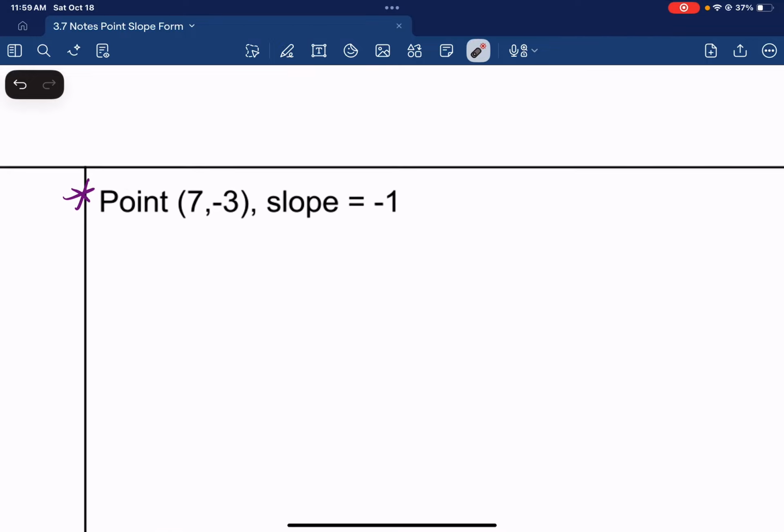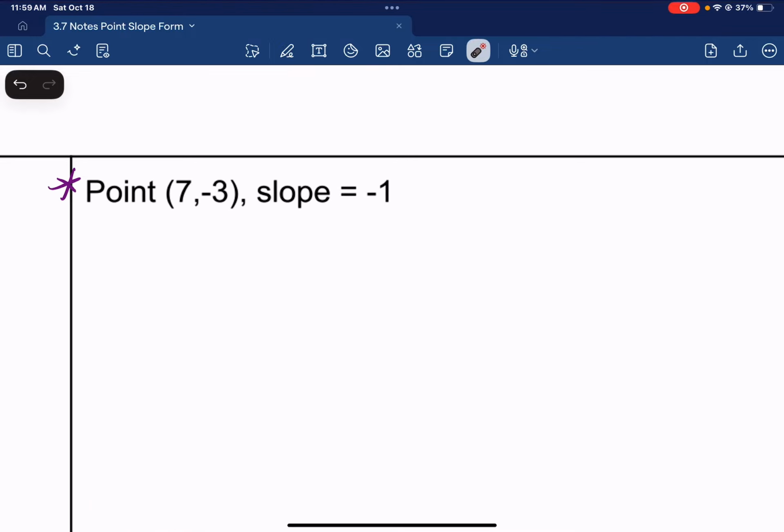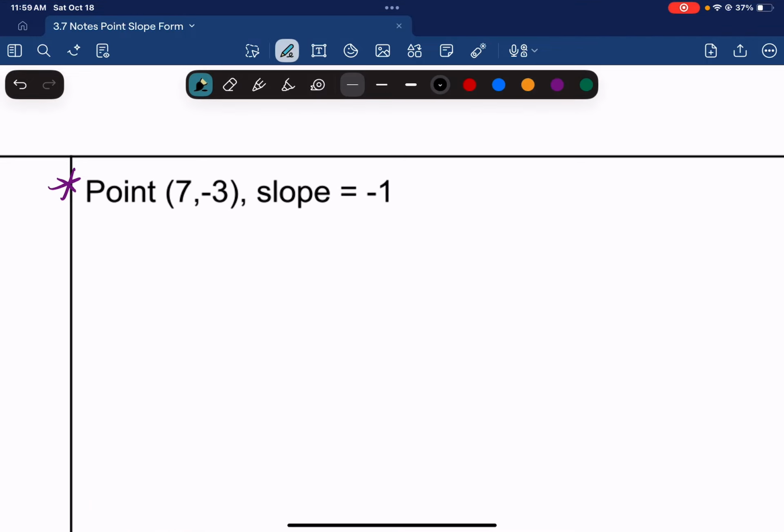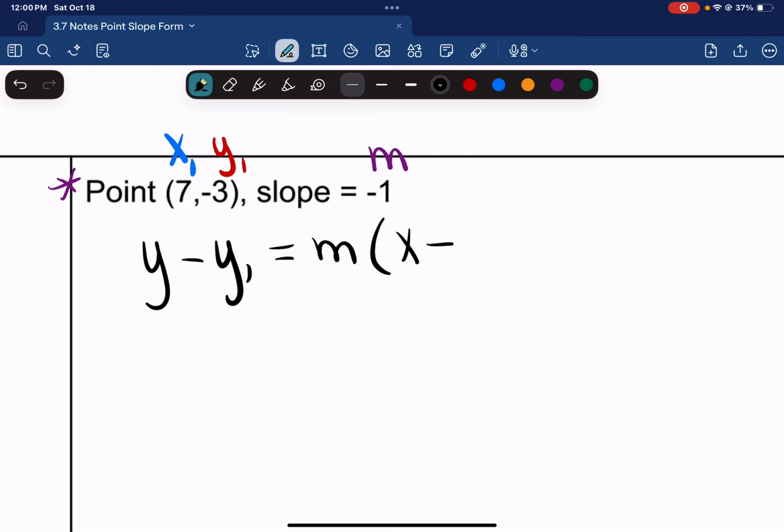All right, let's do another one. Point-slope form. So anytime you're given a point and a slope, just think, oh yeah, I know point-slope form. So let's label x1, y1 represents our point, and then of course our m value is our slope. So write the formula again, y minus y1 equals m, parentheses, x minus x1.